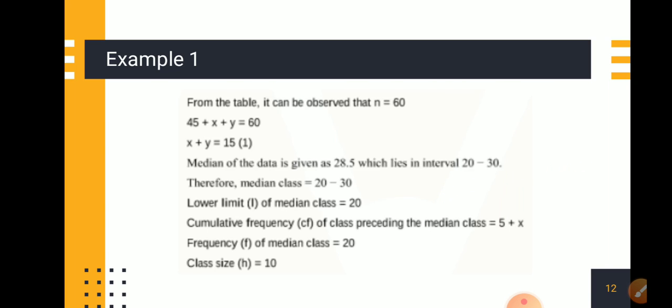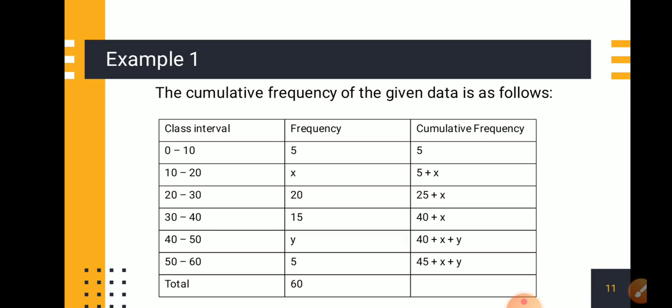So it is observed that n is 60. So the first equation, x plus y plus 45 will be 60. 45 plus x plus y, you can see over here, is the last cumulative frequency column, which will always add up to n, which is the total frequency.